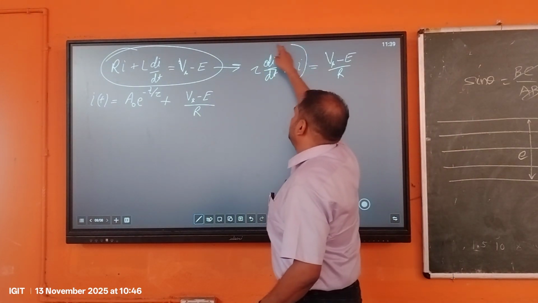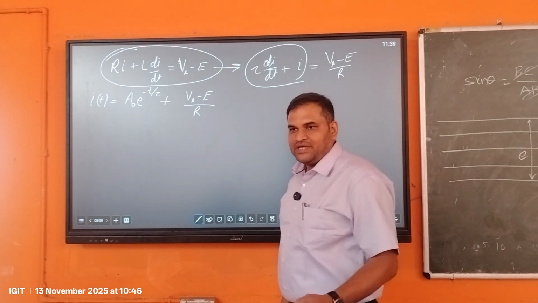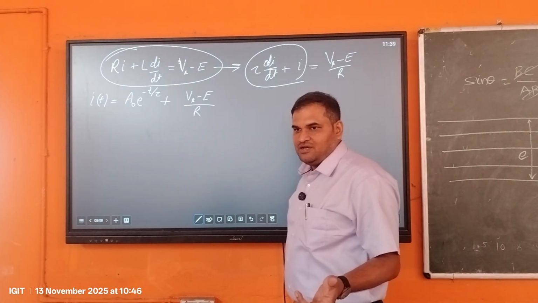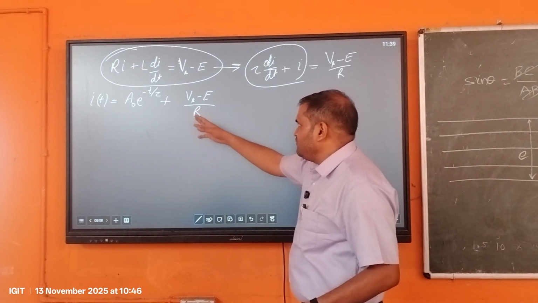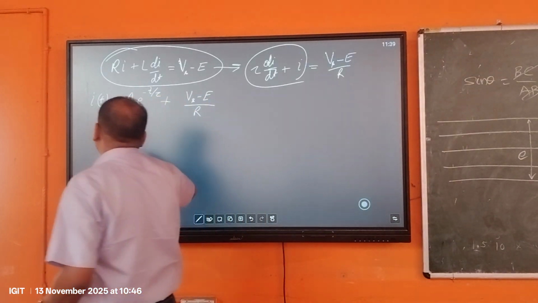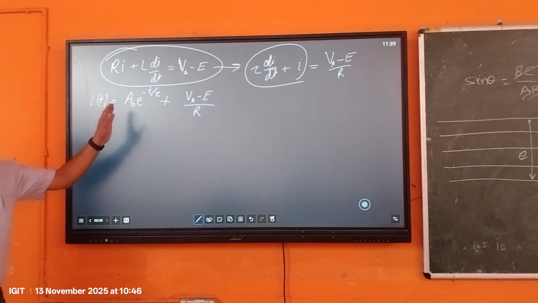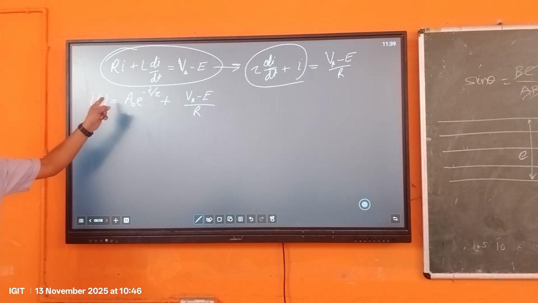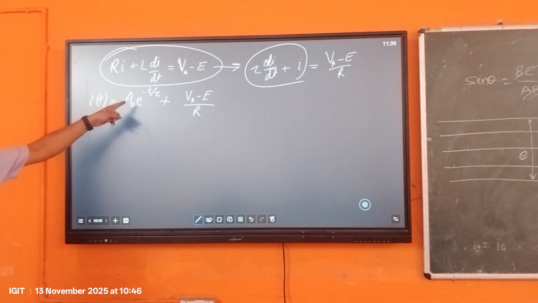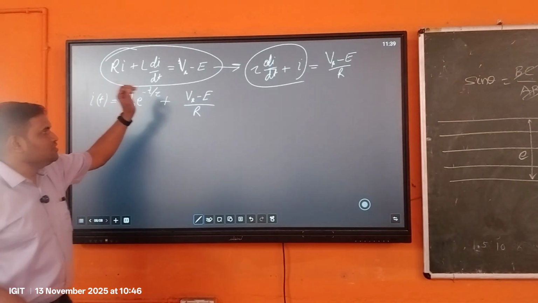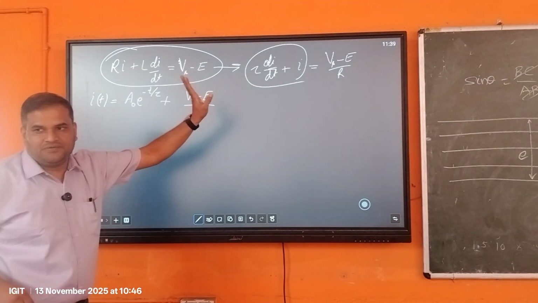This is the transient portion. Remember, the transient portion dies out after a certain time, which is why it is an exponential decay, e to the power minus t by tau. The steady state term will remain.